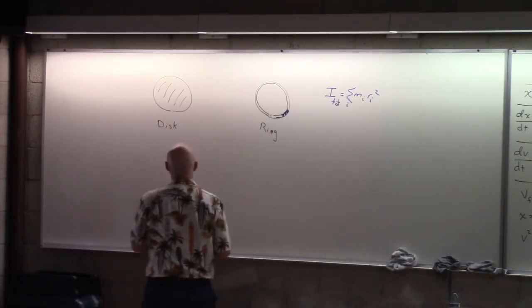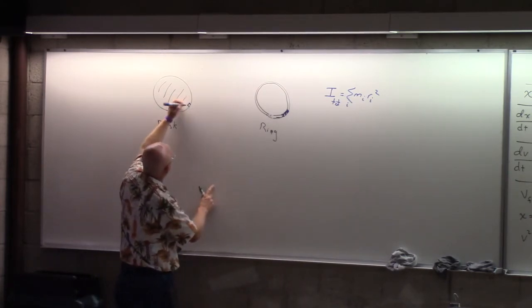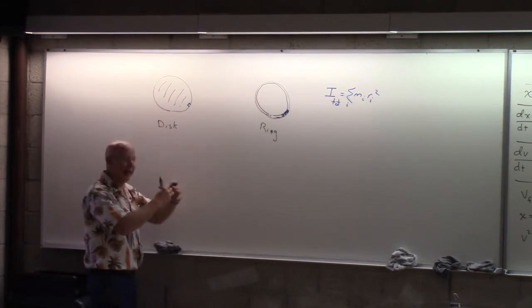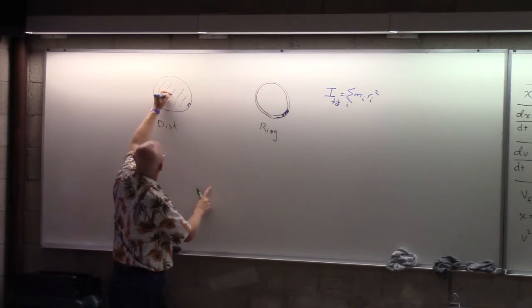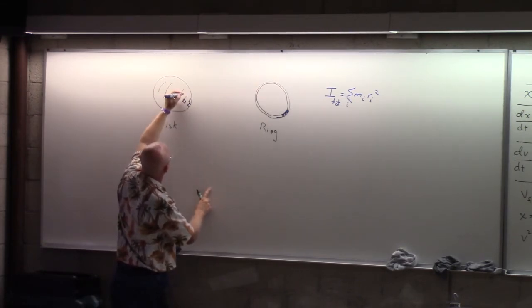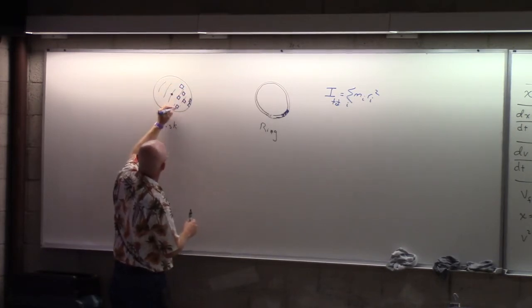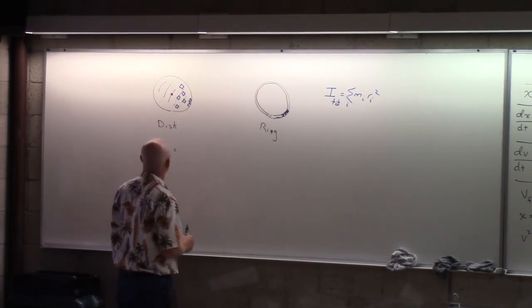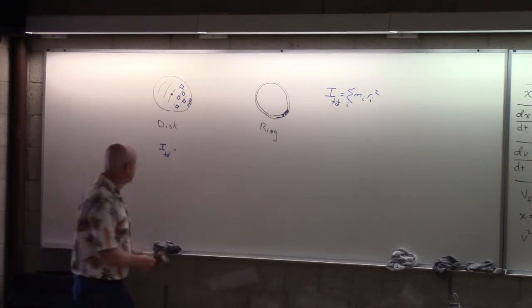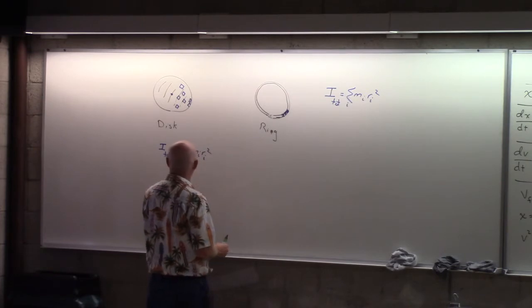But over here, we've got a different picture. Over here, there would be chunks of mass that would be at the full radius, sure. But there would be, I'll put a center there, other chunks of mass that are closer in. I'll just draw a few of them. If I was trying to get the total inertia of a solid disk, I would add up this mr squared.